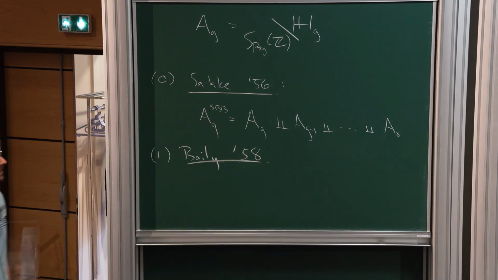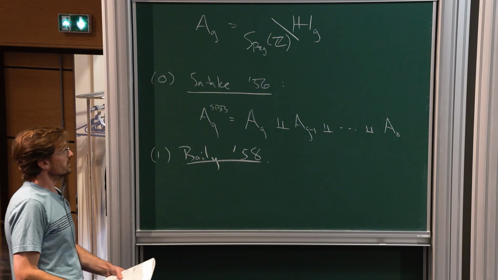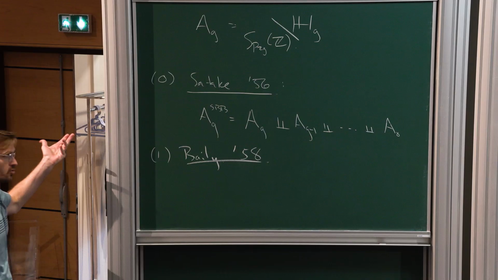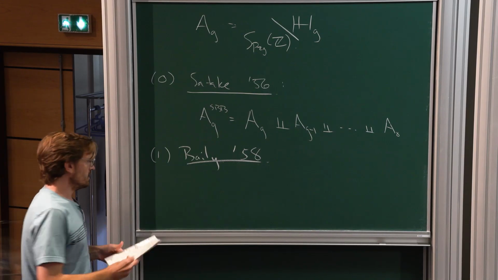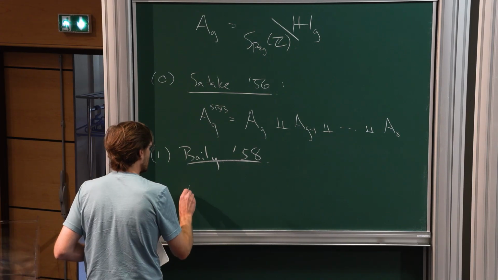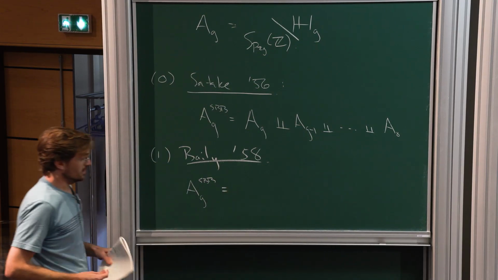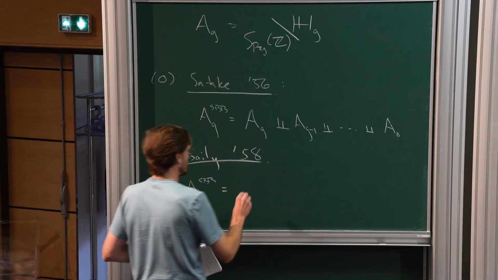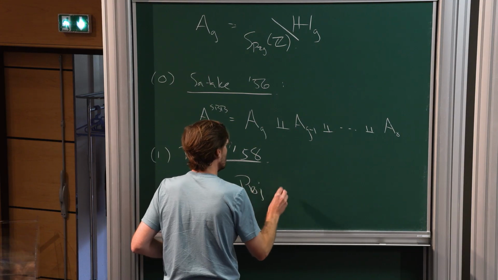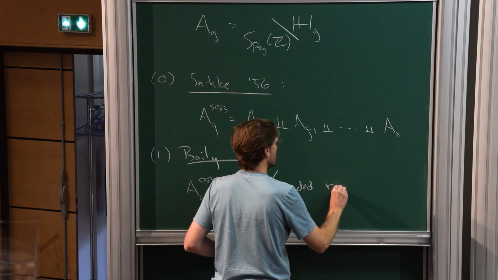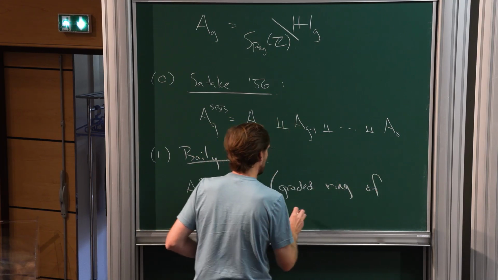In fact, he does more. He shows that this topological space canonically has the structure of an algebraic variety. And even better than that, it's an algebraic variety that's very much connected to the theory of automorphic forms. So it's Proj of a certain graded ring of automorphic forms.